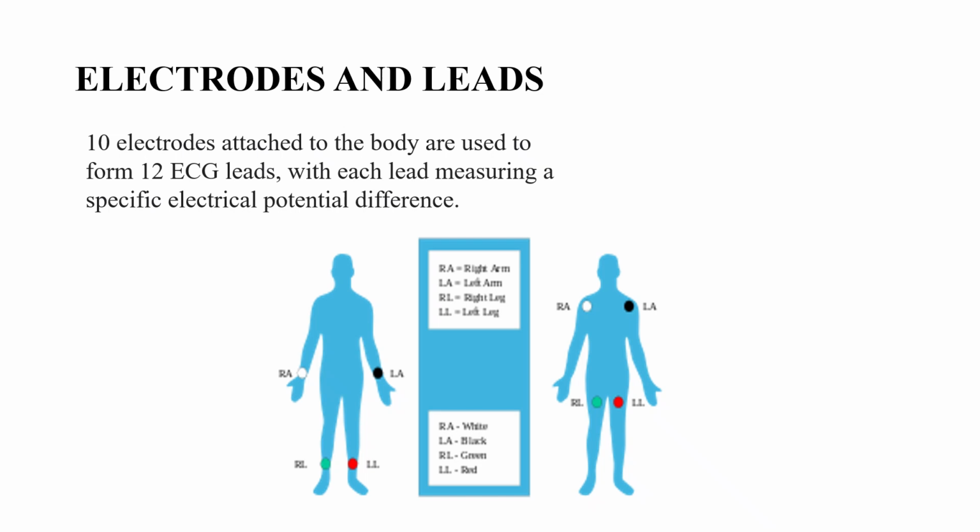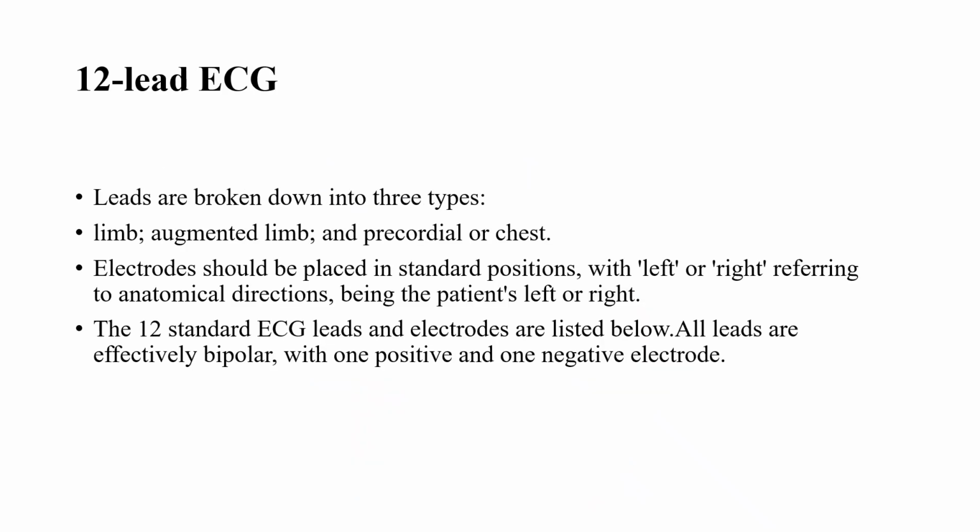Each electrode has a different color. In right arm, white color electrode, left arm, black color, right leg, green color and left leg, red color electrodes are placed. Then 12 lead ECG.